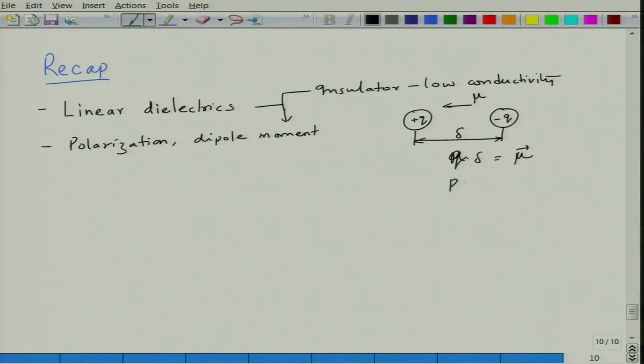Polarization is nothing but the sum of all the dipole moments in a given material divided by the volume, which is equivalent to surface charge density as long as polarization is perpendicular to the surface. The unit of this is coulombs per meter square, and the dipole moment is in coulomb meter. Naturally, when you have coulomb meter per unit volume, which is meter cube, you get coulomb per meter square.